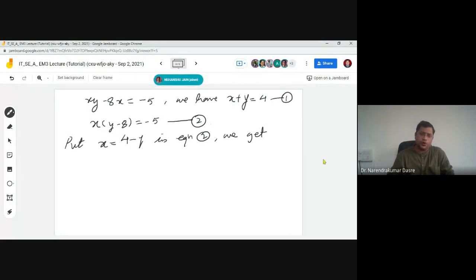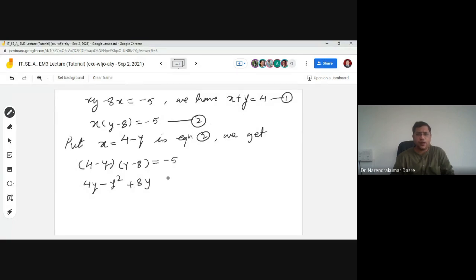So if we put x is equal to 4 minus y from equation 1 in equation 2, we get (4 minus y) times (y minus 8) is equal to minus 5. So this will be a quadratic equation which we can solve easily. We can have 4y minus y square plus 8y minus 32, and this is equal to minus 5.